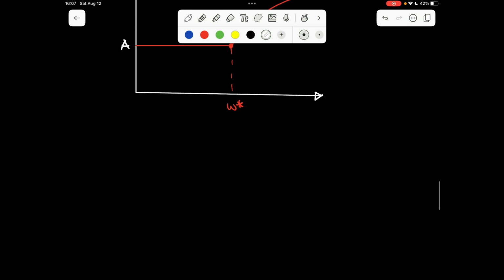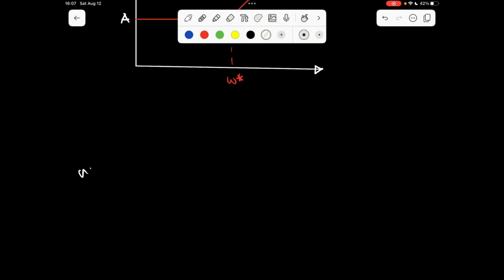So based on the previous part, we can say that the value function has two sections.